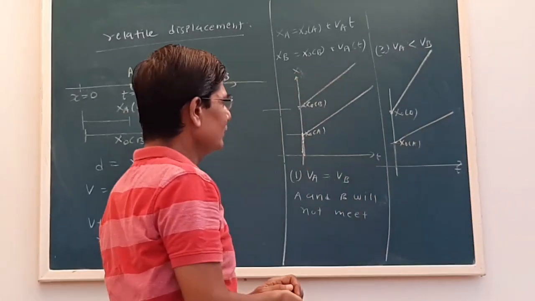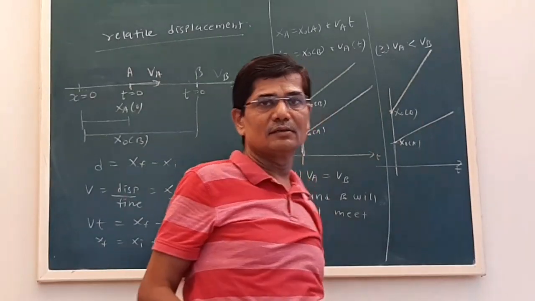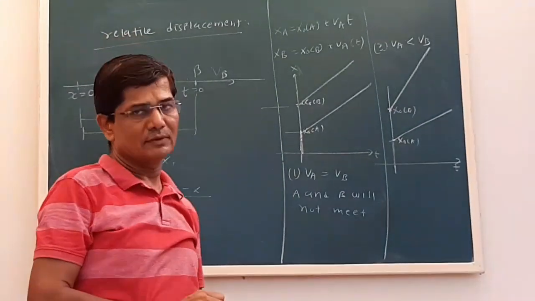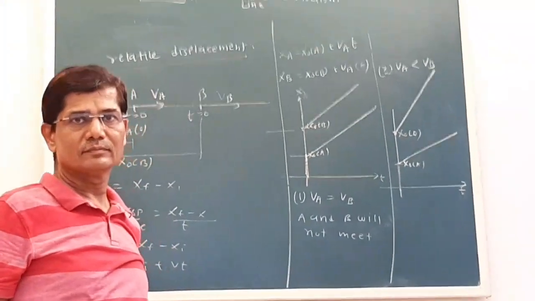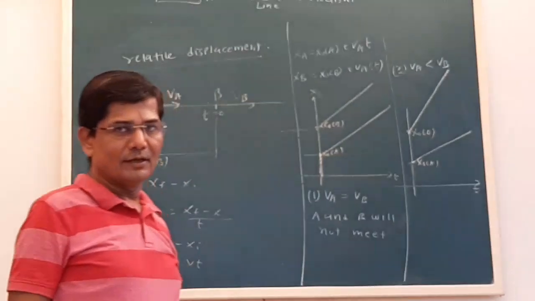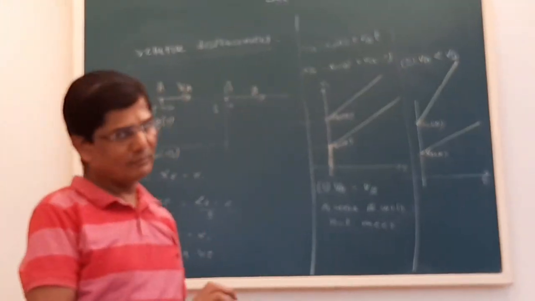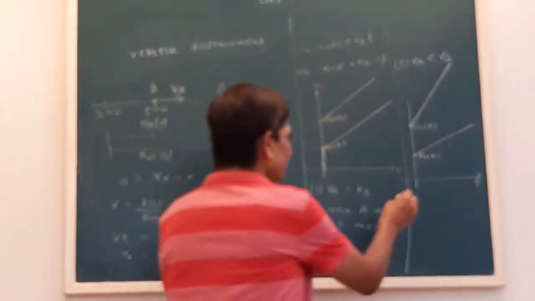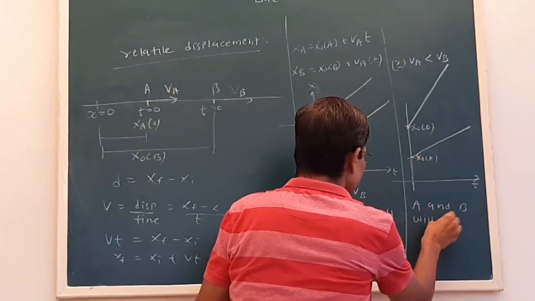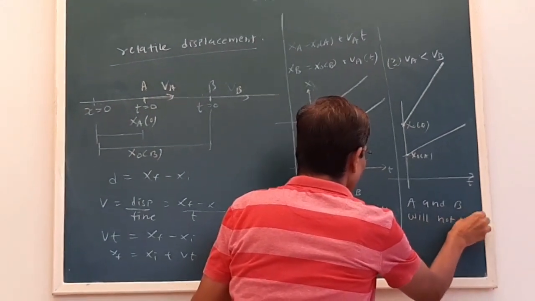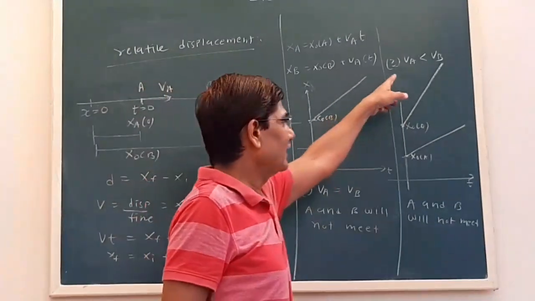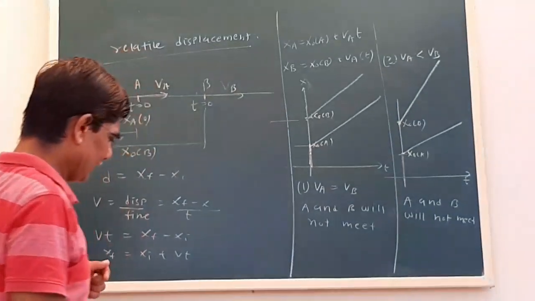So the difference between their positions will increase, so they will not be able to meet. The distance between them will keep increasing. So when VA equals VB, they cannot meet. When VA is less than VB, they cannot meet.